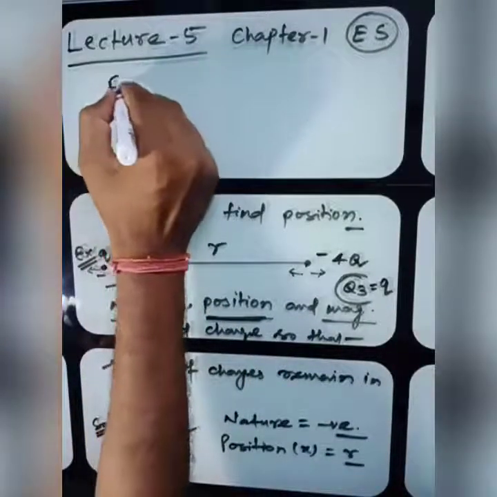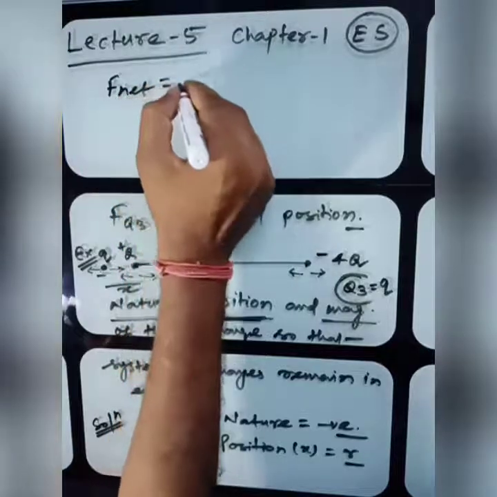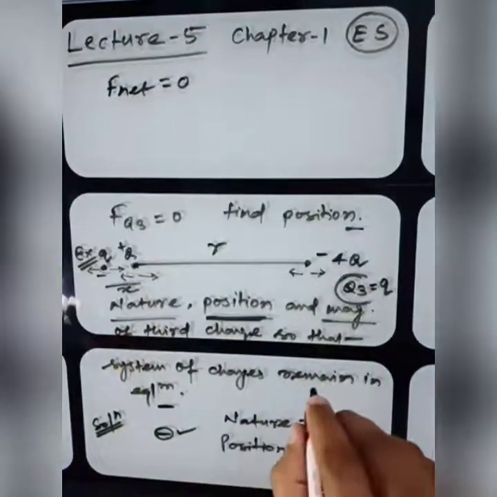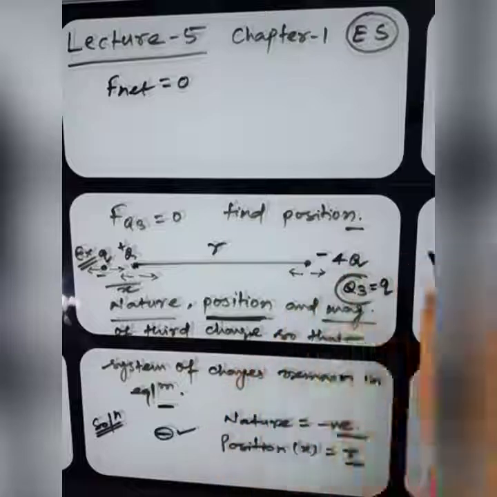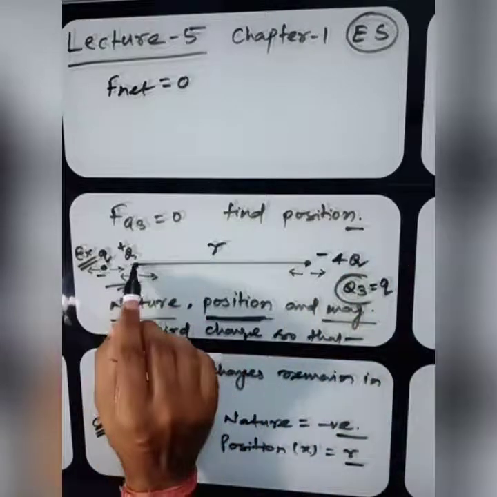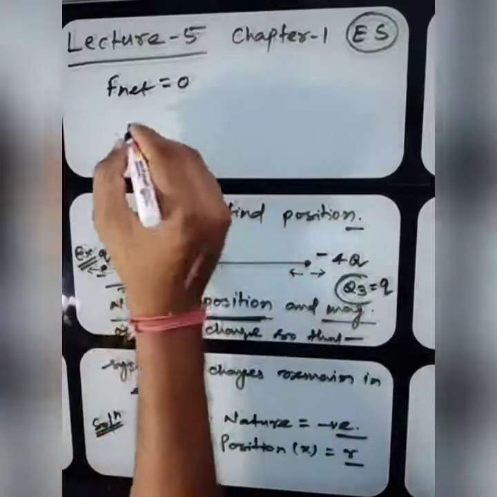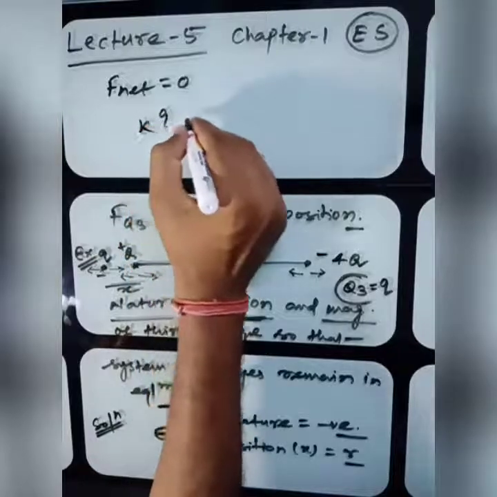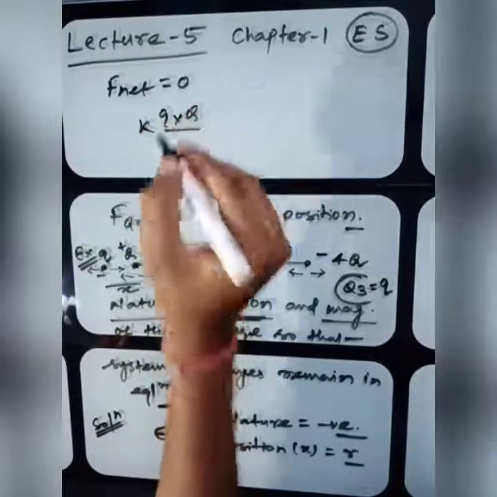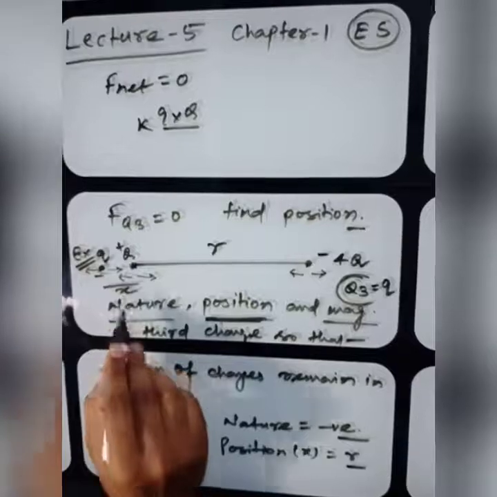F net will be how much? Since the system is in equilibrium, F net will be 0. Now between these two, the force we can write as K, q divided by x square, and x equals how much?